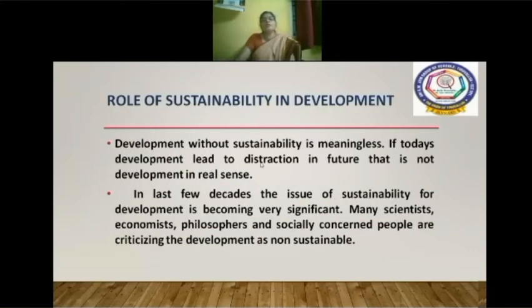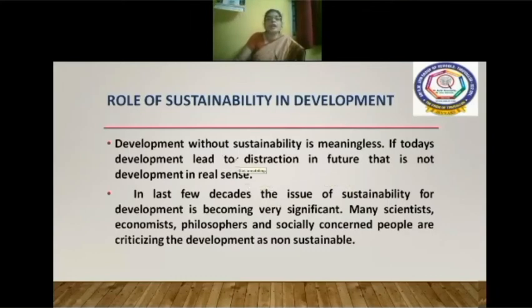Now, the role of sustainability is very, very important. It plays an important role in modern times because the world is being affected by environmental pollution, and people, especially in the developed countries, have started thinking about the future and the concern for future generations.